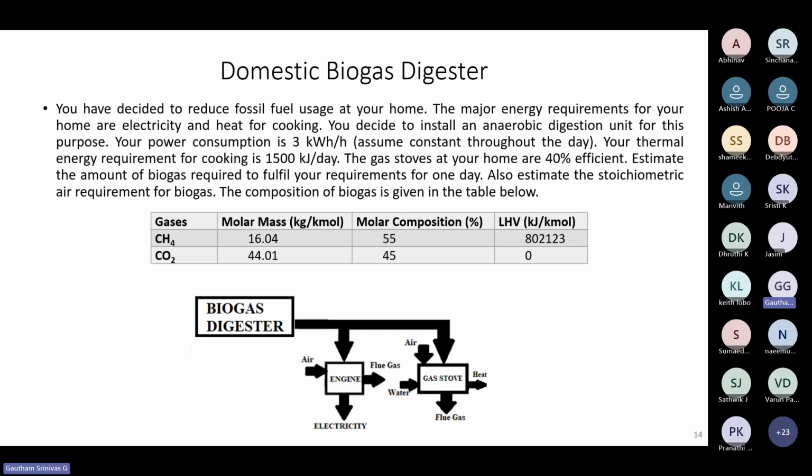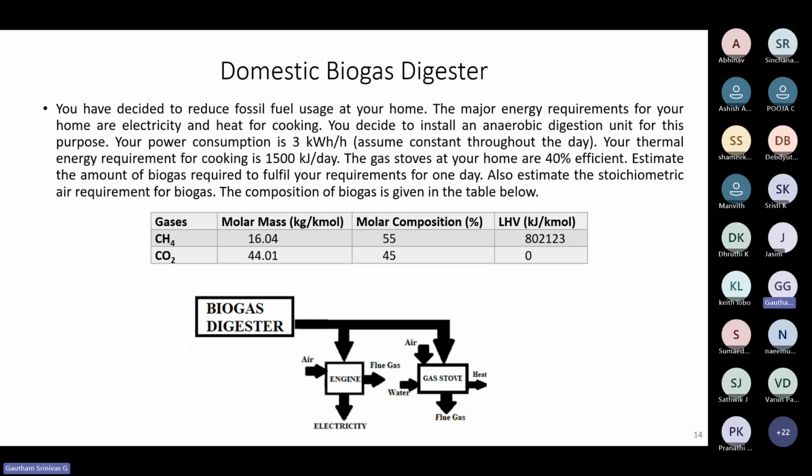Here you need 3 kilowatt output, which is 3 kilowatt hour per hour. So 3 into 24, you need 72 kilowatt hour of electricity over here and 1500 kilojoule of heat over here. I have not given you the engine efficiency. You can assume it to be 30%.